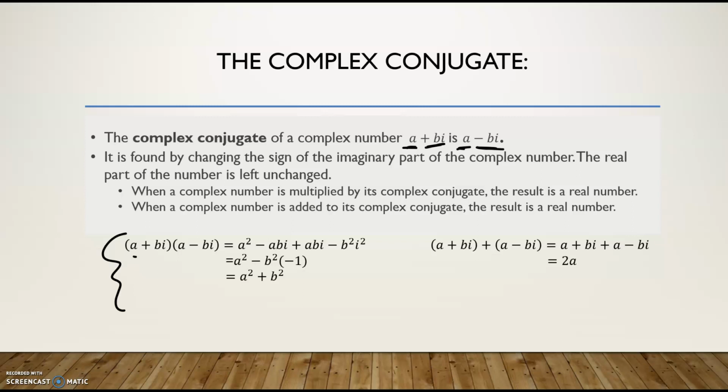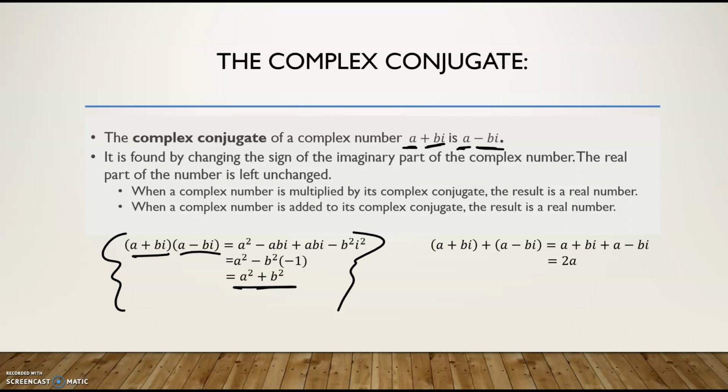I have a complex number, and then I have the conjugate of that complex number, and then I get down to a number squared plus a number squared, which will give me just another number. You don't have to know all this stuff right here. Just know that when you have a complex number and it's multiplied by the complex conjugate, you're going to get a real number.